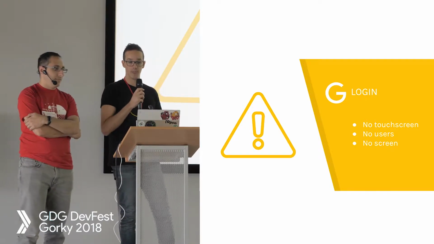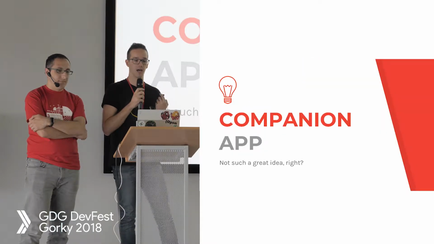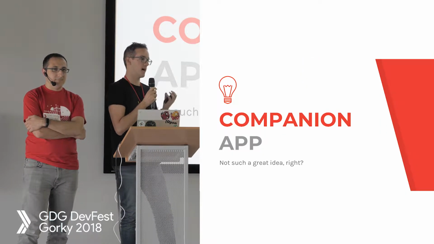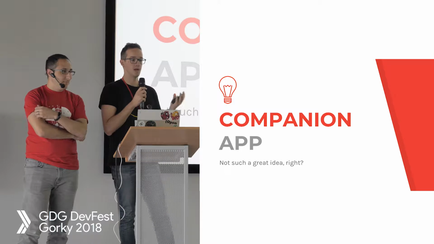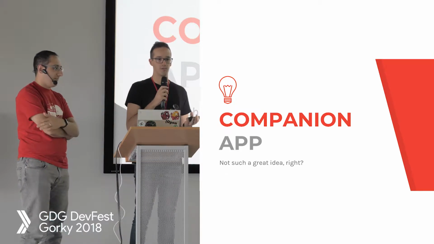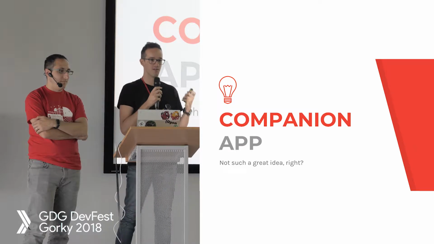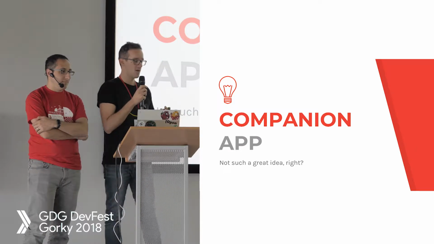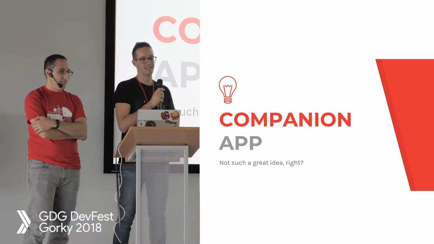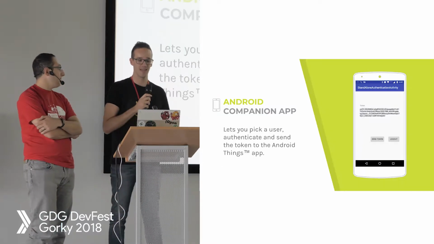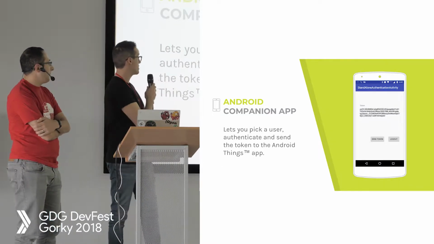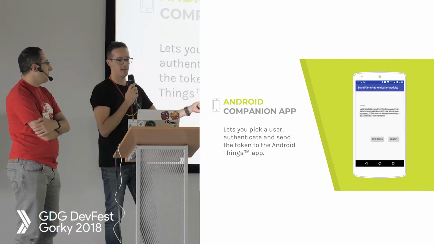So what we did instead was create a companion app, basically a mobile phone app where the user could log in with their account and then send the required data to the device. We will see that it was not as easy as you would expect. The companion app looks something like this.